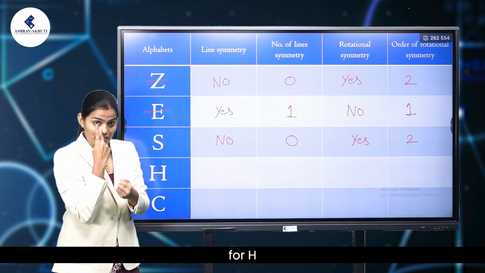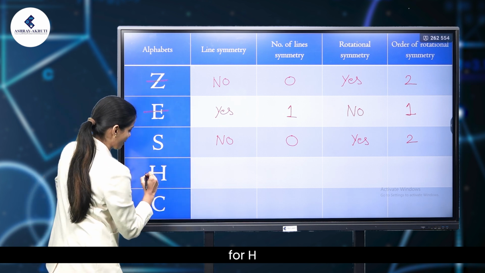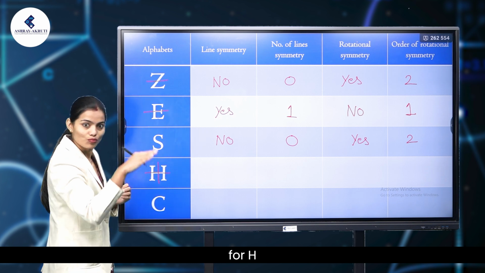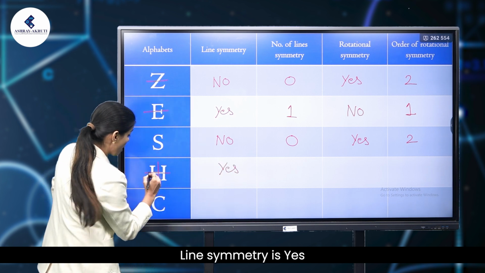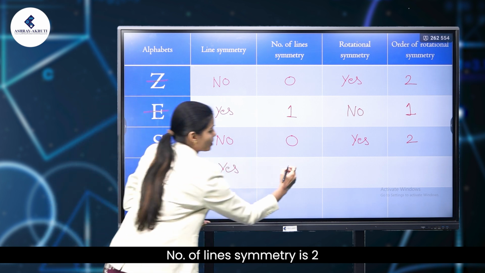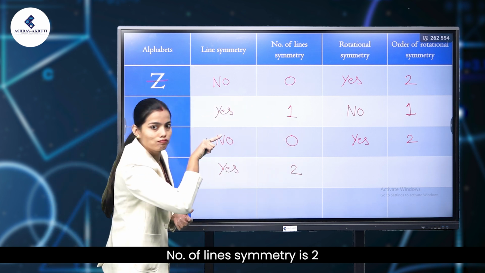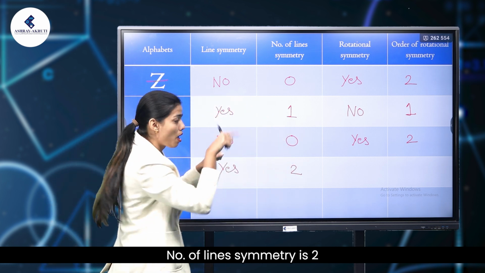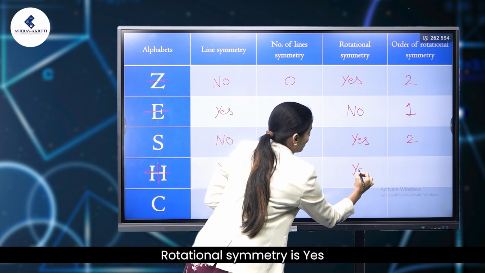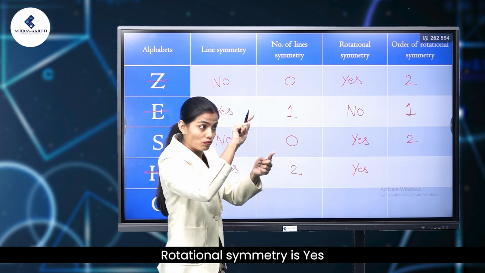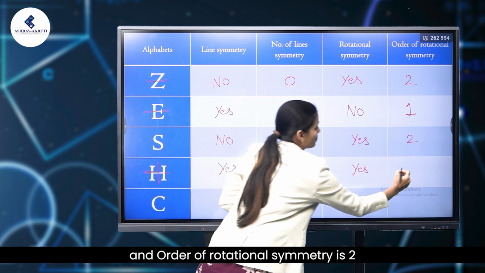For H, lines of symmetry is yes, number of lines of symmetry is 2, rotational symmetry is yes, and order of rotational symmetry is 2.